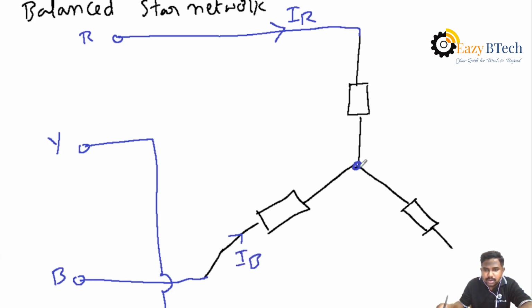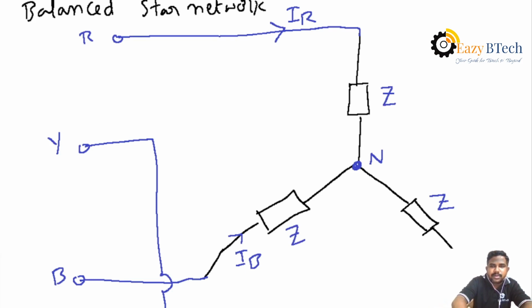All three currents IR, IY, IB are joined at a junction point, that is called the neutral point. Then we consider all impedances are equal. Then we consider the impedance of the balanced star system as Z.